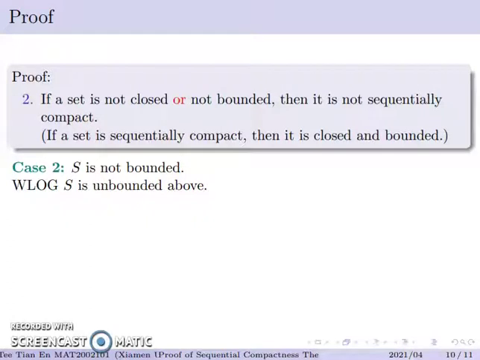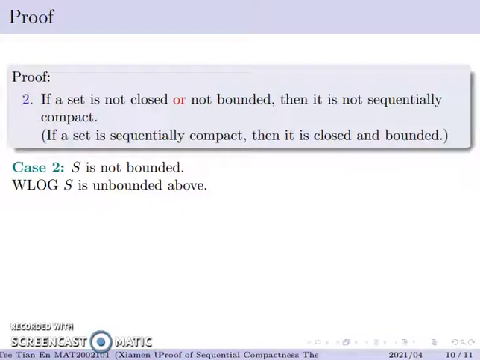Now we move on to Case 2. We assume the set S is not bounded. Without loss of generality, we say that S is unbounded above. You can also say it is unbounded below, but we will use this definition to prove that if it is not bounded, then it is not sequentially compact.